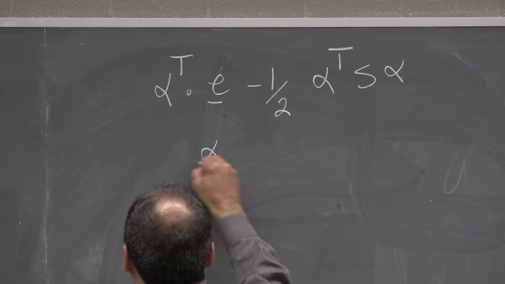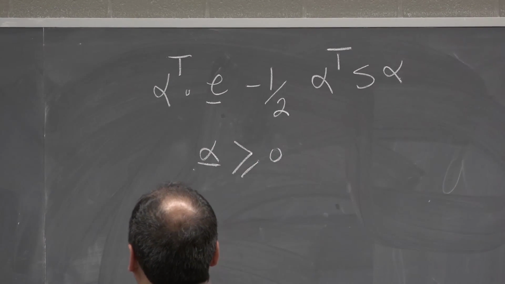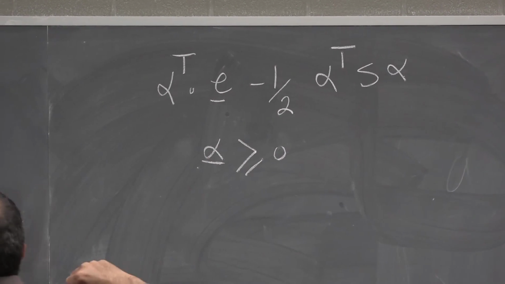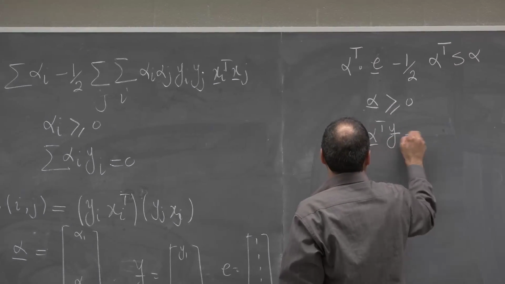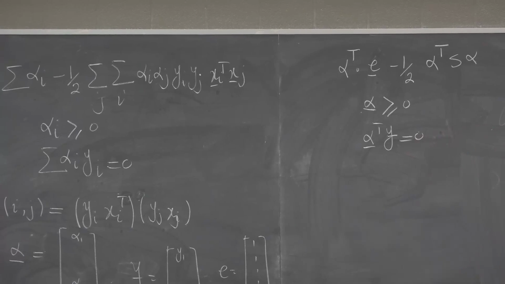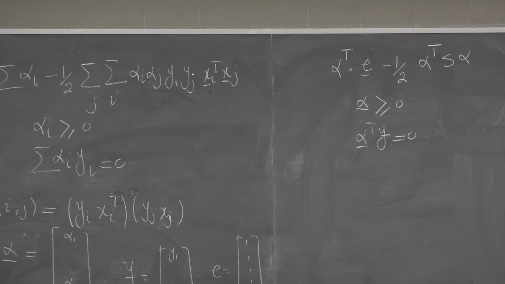This vector alpha is greater than 0, and the summation alpha i yi is simply alpha transpose y, which is 0.